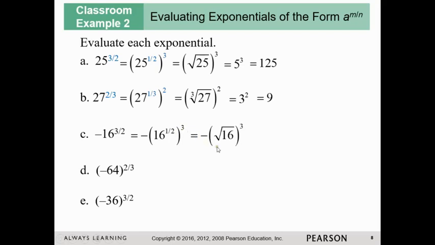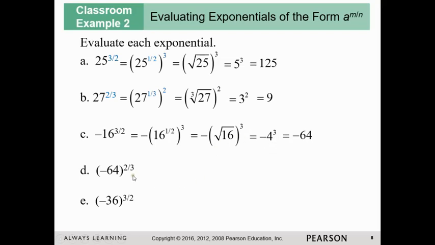We keep that negative on the outside. Remember, 16 to the half is the same thing as the square root of 16. So we take the square root of 16, and remember, we do the exponent first, so we cube 4, and then we apply the negative.